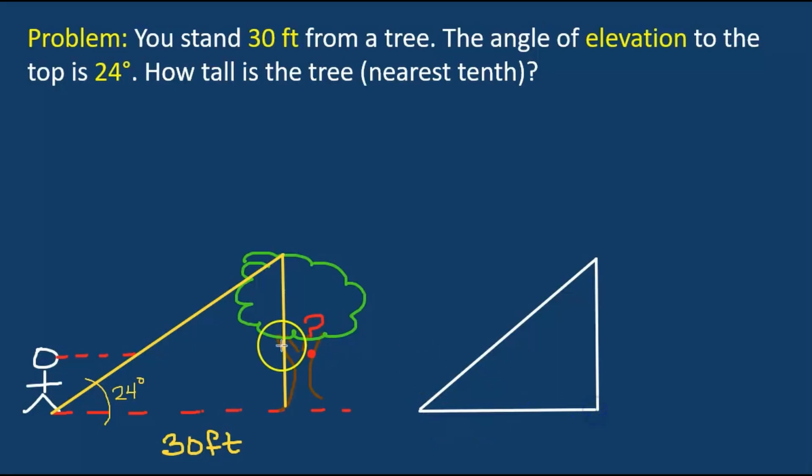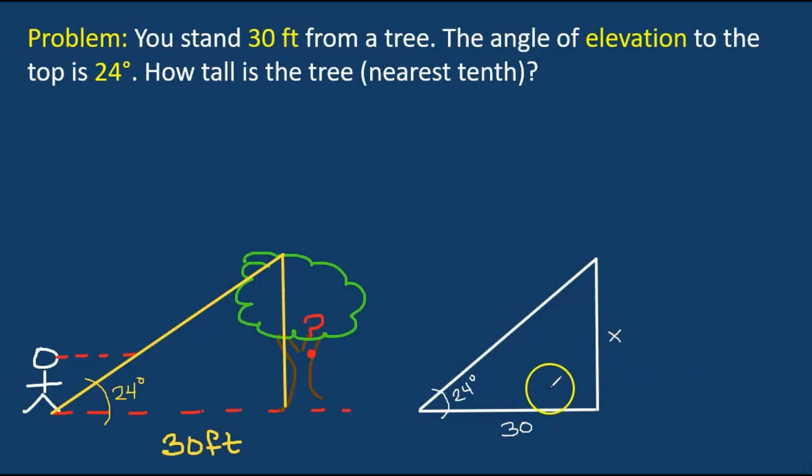And we're going to label it exactly the way that we've already labeled our drawing. We know that the angle of elevation is right here at 24 degrees. We know that this distance is 30 feet, and we know this is what we are looking for. So we're going to label that x.